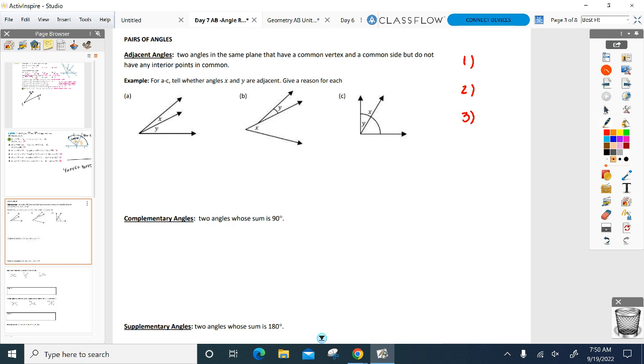First thing that needs to happen for two angles to be adjacent, they need to share an endpoint, share a vertex. And we learned this morning where a vertex was, right where the two rays meet. They got to share a vertex. Second thing that's got to happen, those two angles need to share a side.